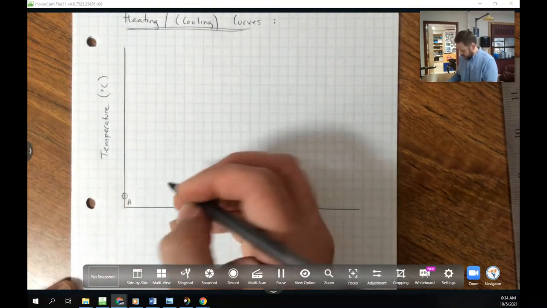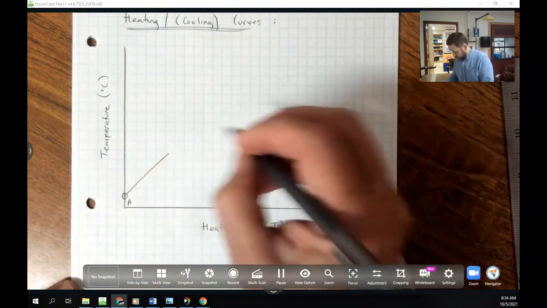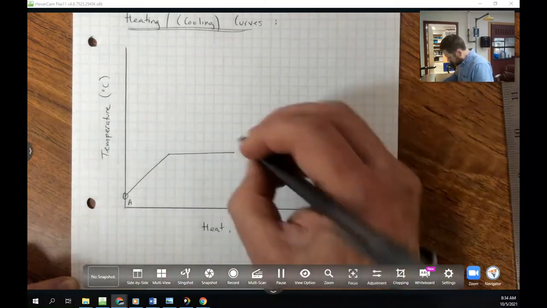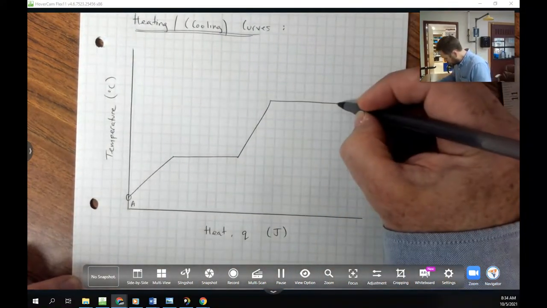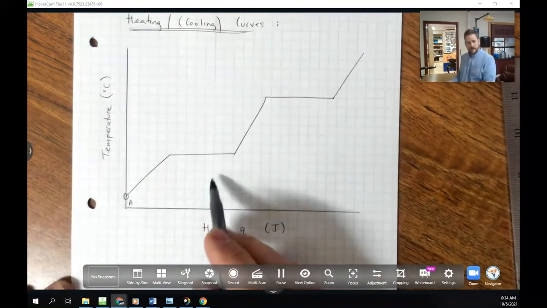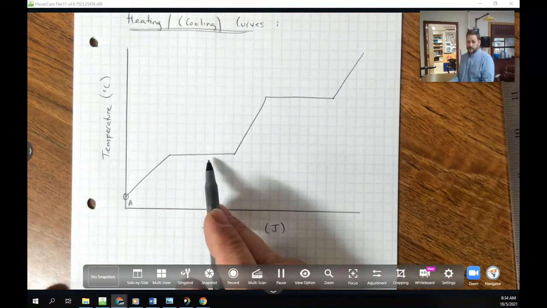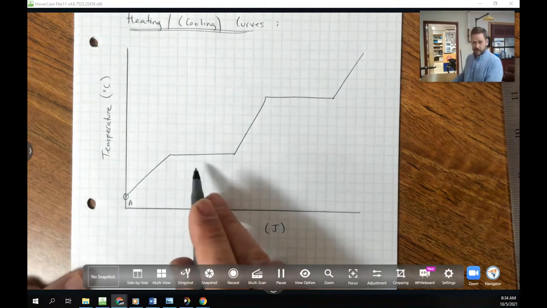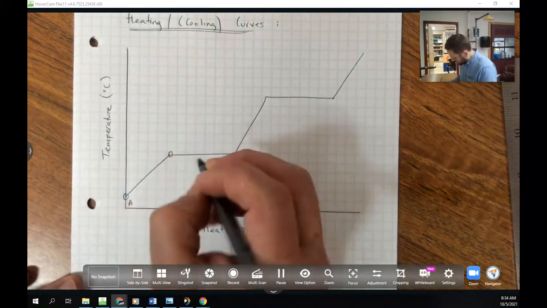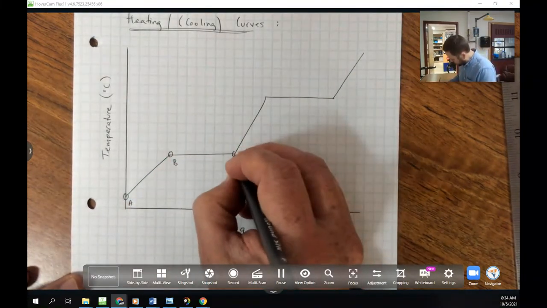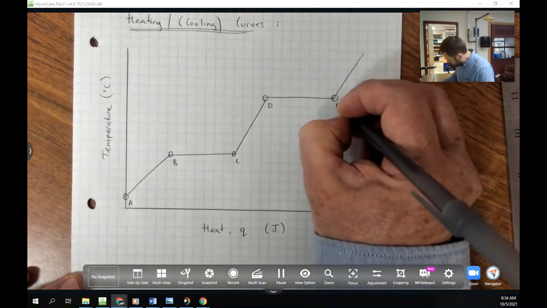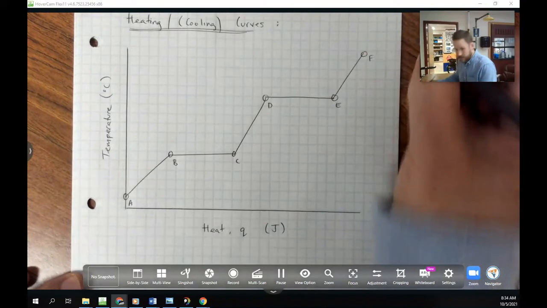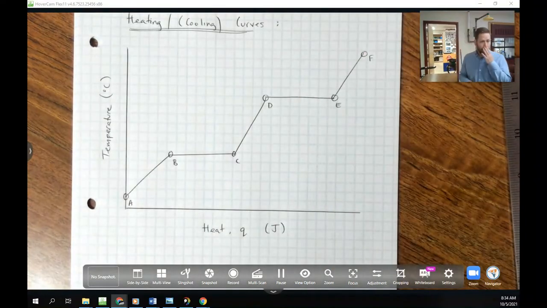And I'm going to label that line A. And then I'm going to draw a couple different segments of a line like this. And I don't know if I drew that one perfectly flat, but it's supposed to be level. So forgive me that it's not completely level, but I'm going to label these points as B, C, D, E, and F so we can talk about what's happening at the different stages of the graph.